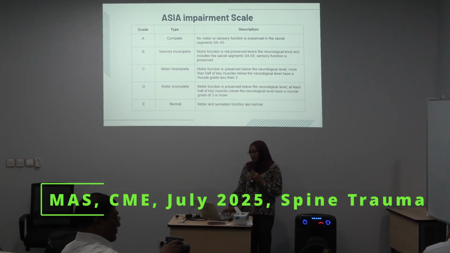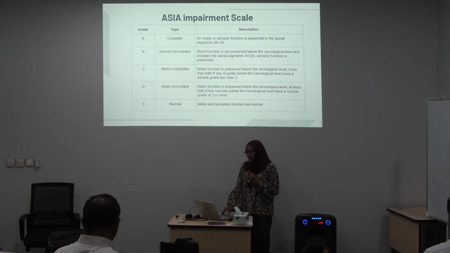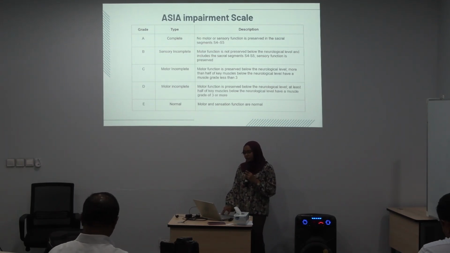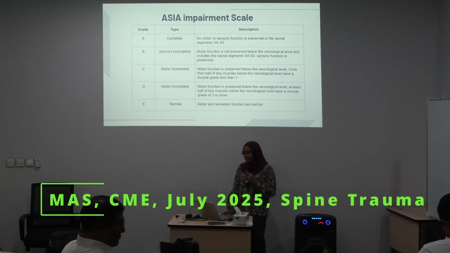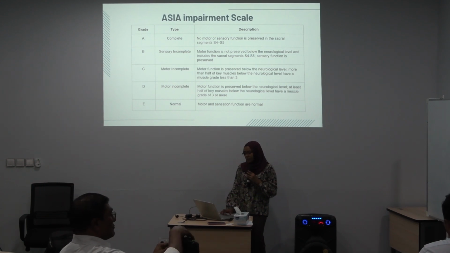If a patient has grade A to C injuries, then it is very important to go for early intervention in order to prevent deterioration and maximize recovery potential and patient outcomes.